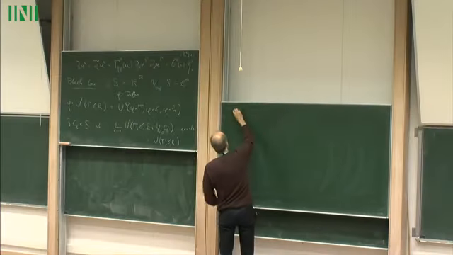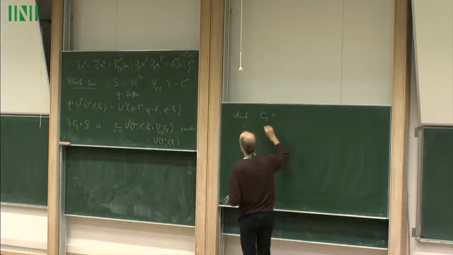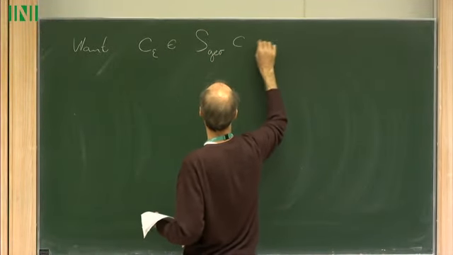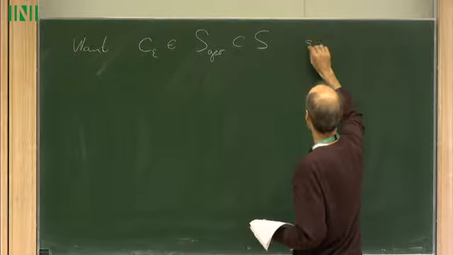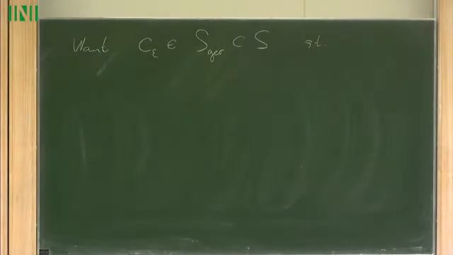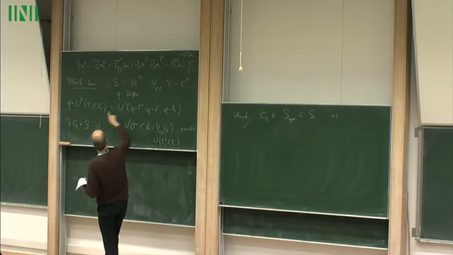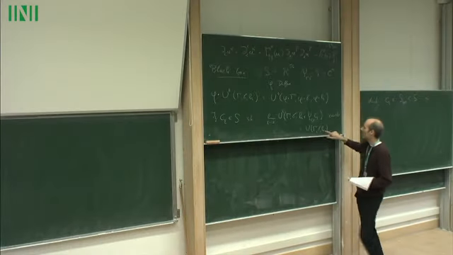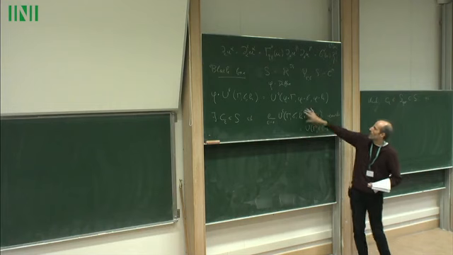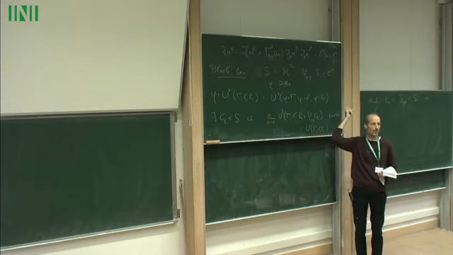right? So you would want the C epsilon to belong to some subspace, say S geometric, a subspace of S, which would have the property that, if you want this identity to still be true in the limit, it means that in here you would want to be able to replace H by H plus this term. Now the H is supposed to transform like a vector field under changes of coordinates.